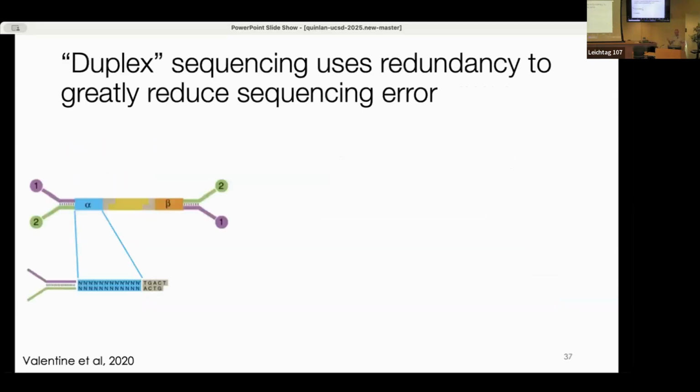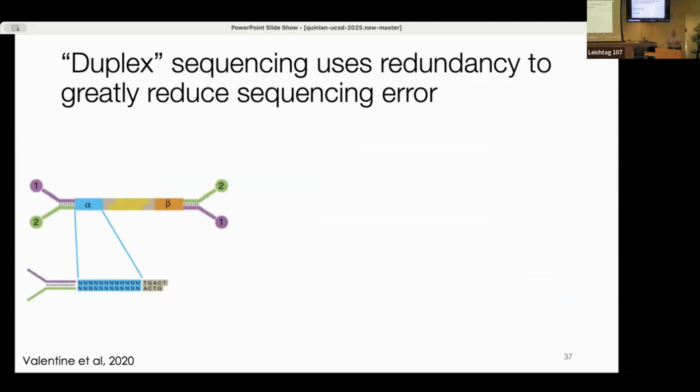And the way we do this is through a technology that probably most of you have heard of or use, called duplex sequencing. This is a very fancy form of a broad class of sequencing approaches called error-corrected DNA sequencing. The basic motivation is to overcome the roughly 1 in 1,000 sequencing error rate of raw Illumina sequencing.